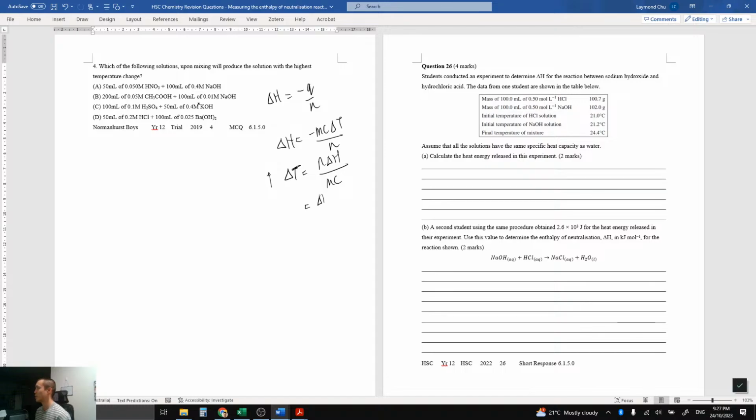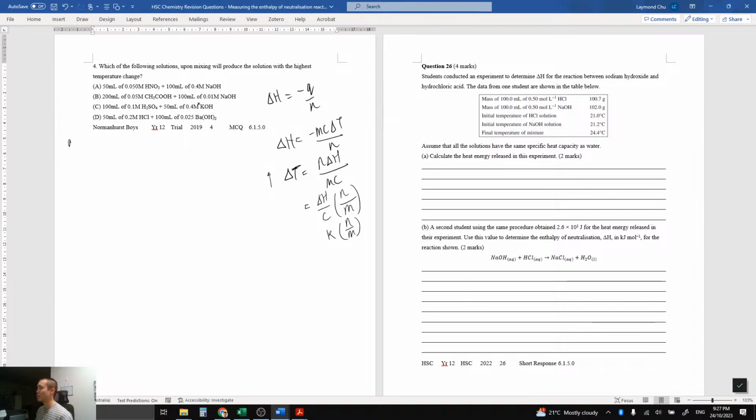Our ΔH is going to be constant and our c is going to be constant, because what's going to change is the number of moles of water produced over the mass of the solution, given by the volumes. So this will be a constant, let's say k, and then we can just find n over m. Whichever gives us the biggest ratio of n over m will be the answer.